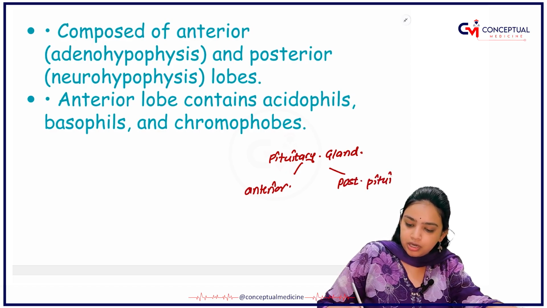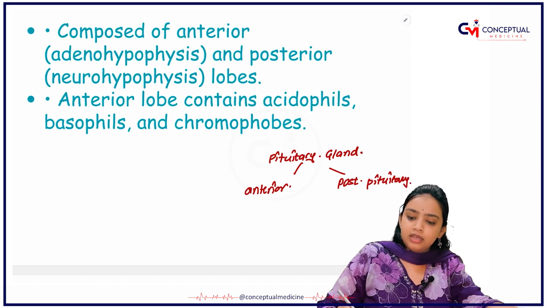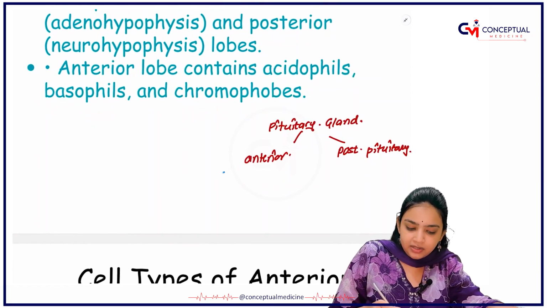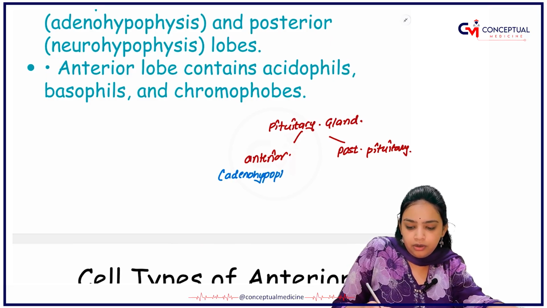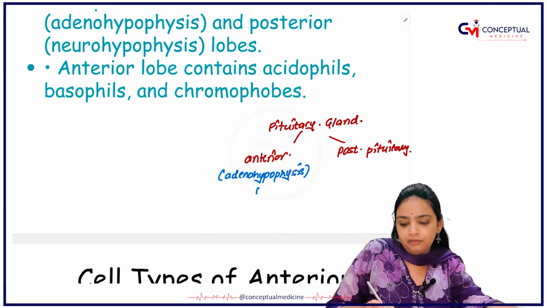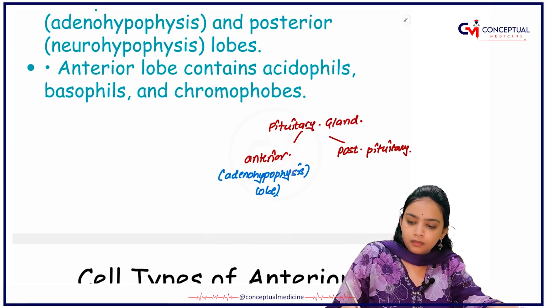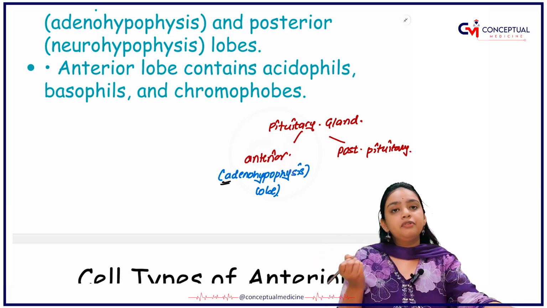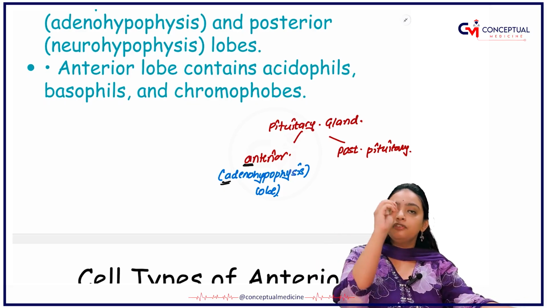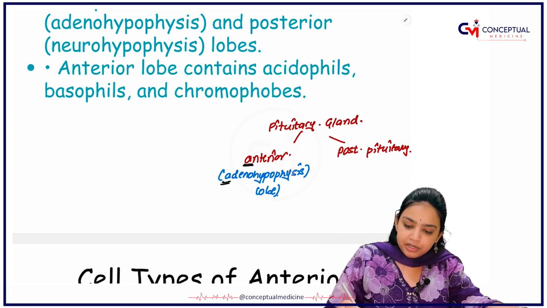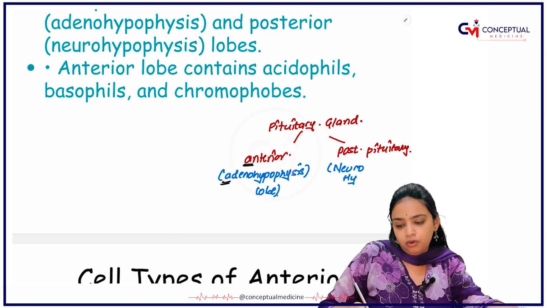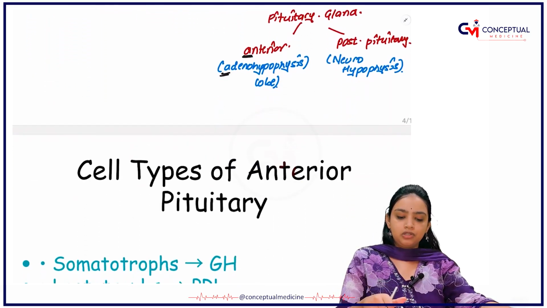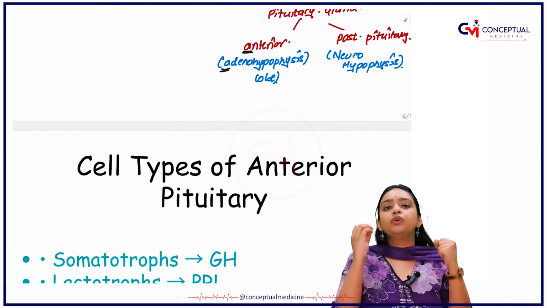The anterior pituitary is called the adenohypophysis lobe, because adenohypophysis starts with A and anterior starts with A. A for A. The posterior pituitary is also called your neurohypophysis. Okay, these are the two things you need to keep in mind.